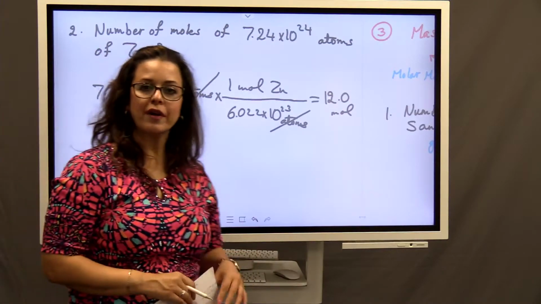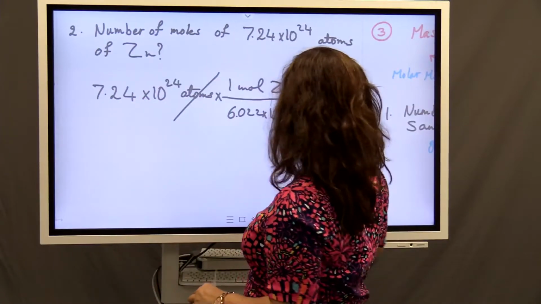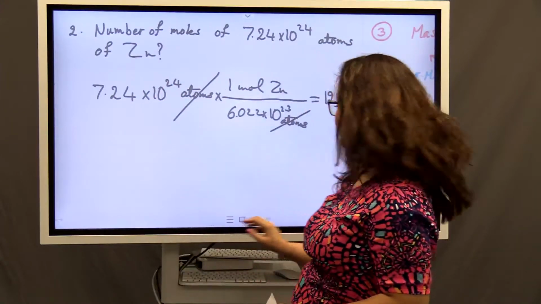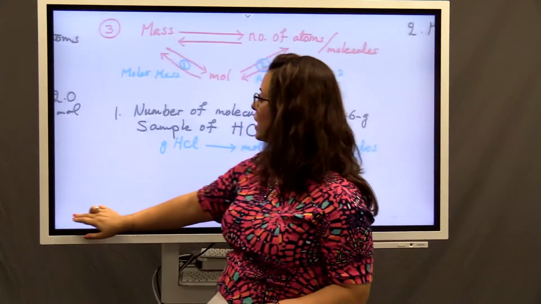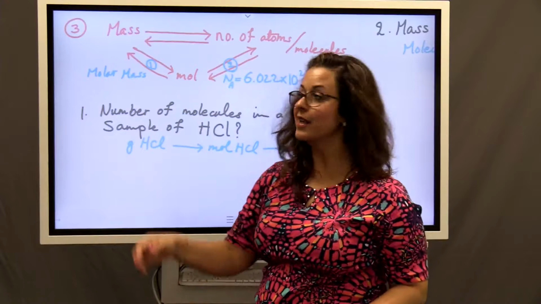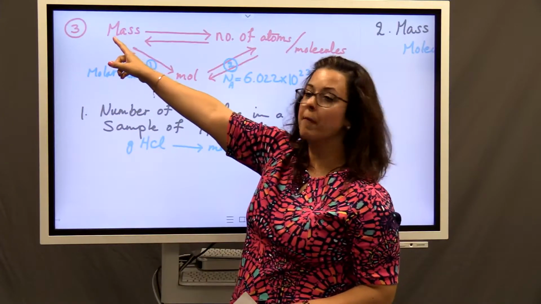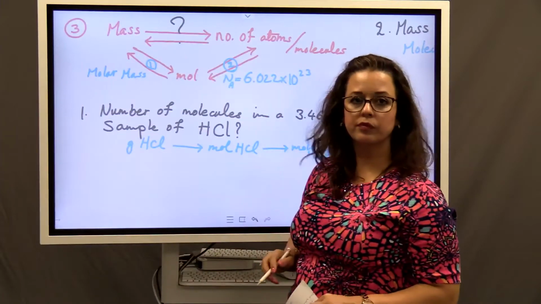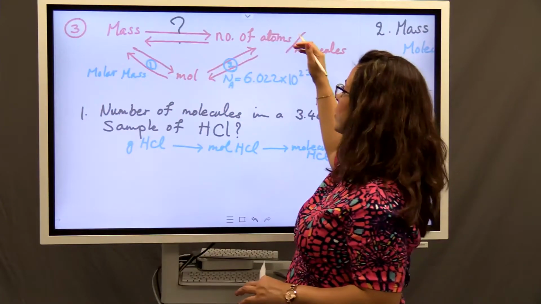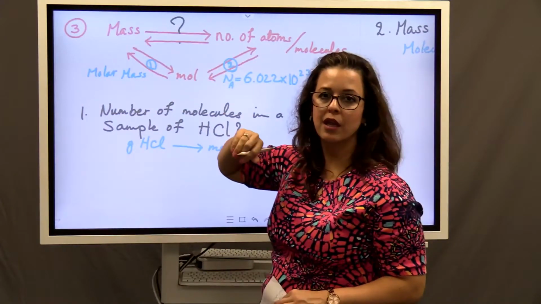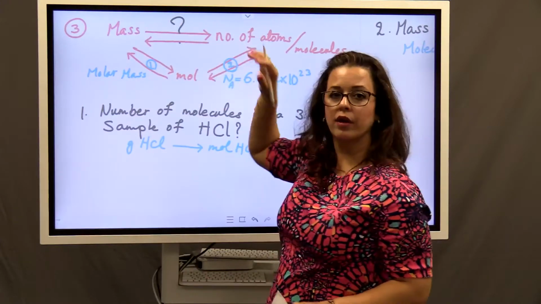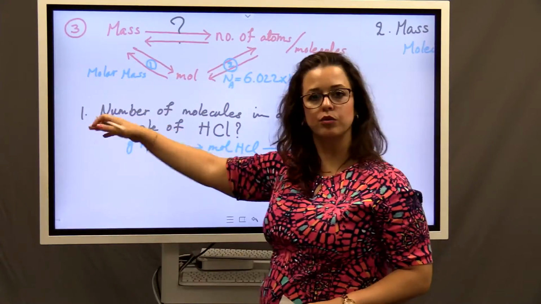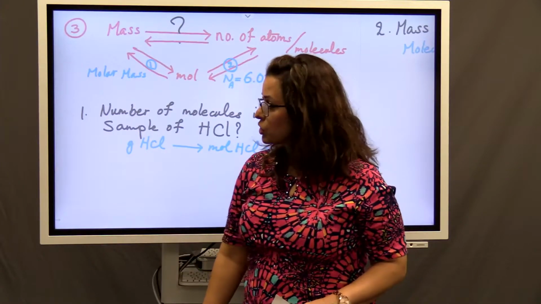Now you know the first type and the second type. Let's combine these two types for the third type. Let's say we are going from mass to number of atoms, or vice versa, from number of atoms and molecules to mass. You cannot do it in one conversion just like the two other types of calculations.